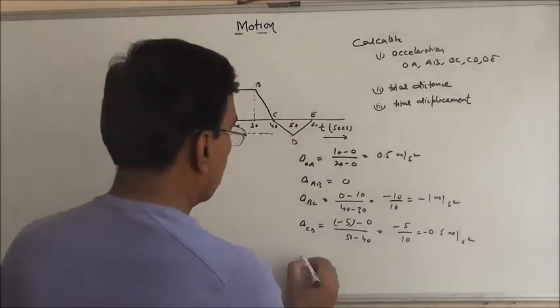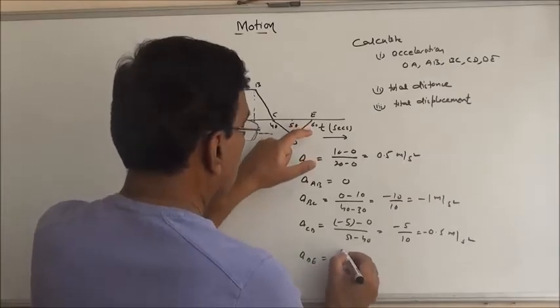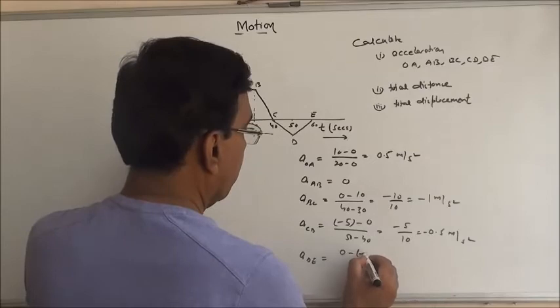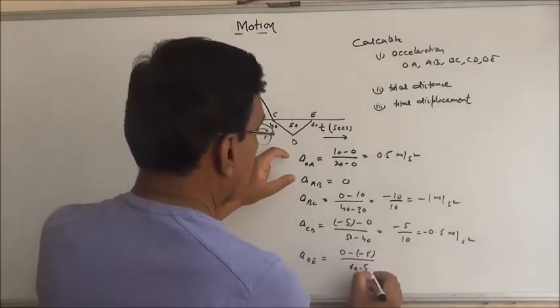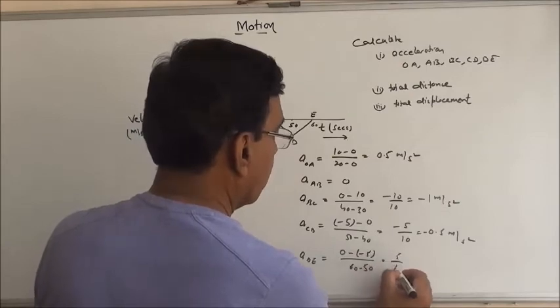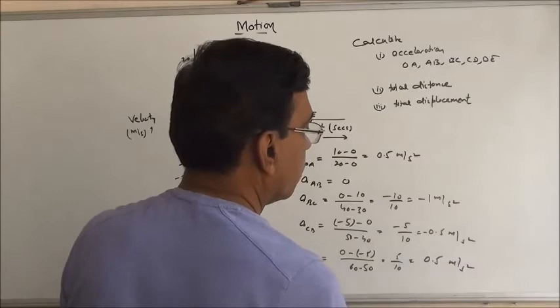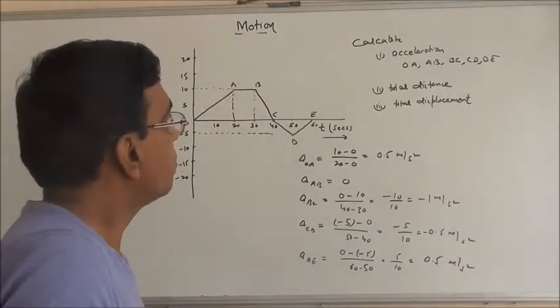Then D to E: E is 0, D is minus 5, upon 60 minus 50, 5 upon 10, that is 0.5 meter per second square. Right?